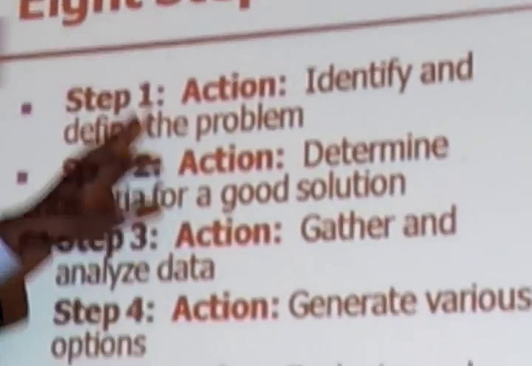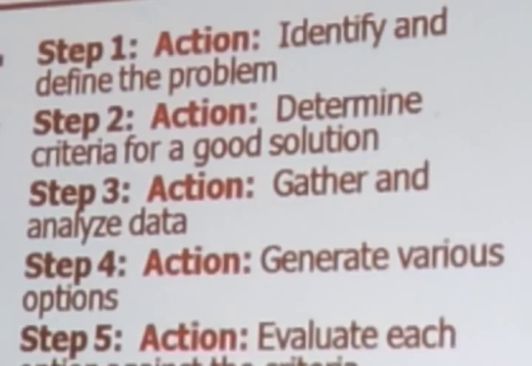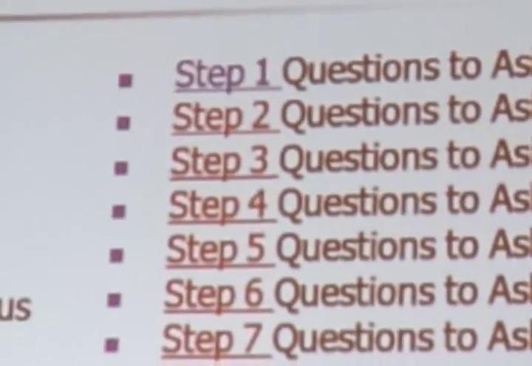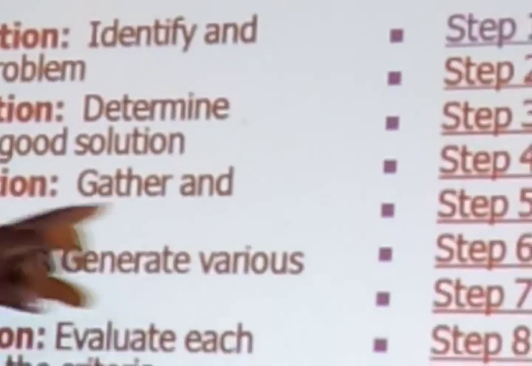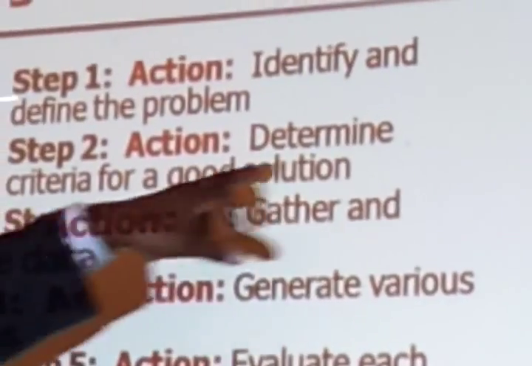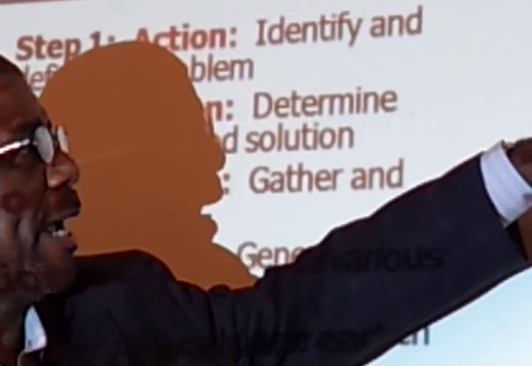Step 2. Once you identified and defined the problem and you went through the questions to ask, step 1, if step 1 matches step 1 here. Step 2, action, determine a criteria for a good solution. So in order to determine the criteria for a good solution, these are the questions to ask. Step 2 matches step 2 here.